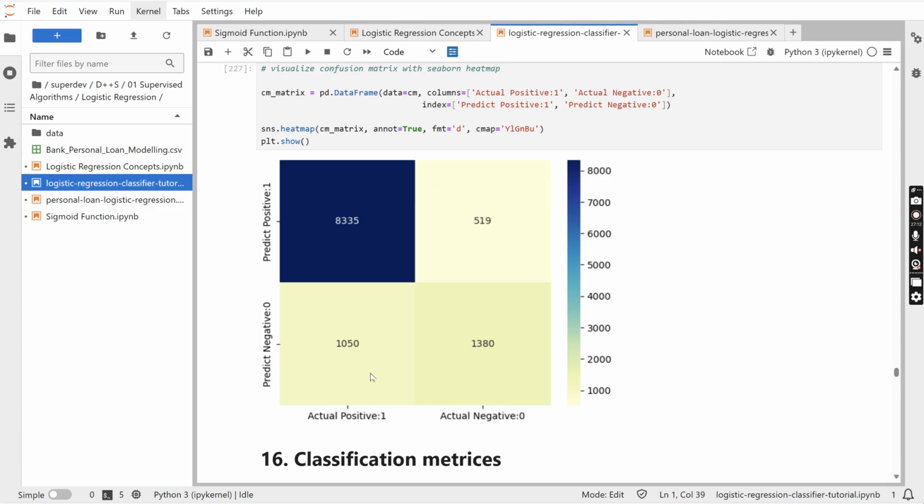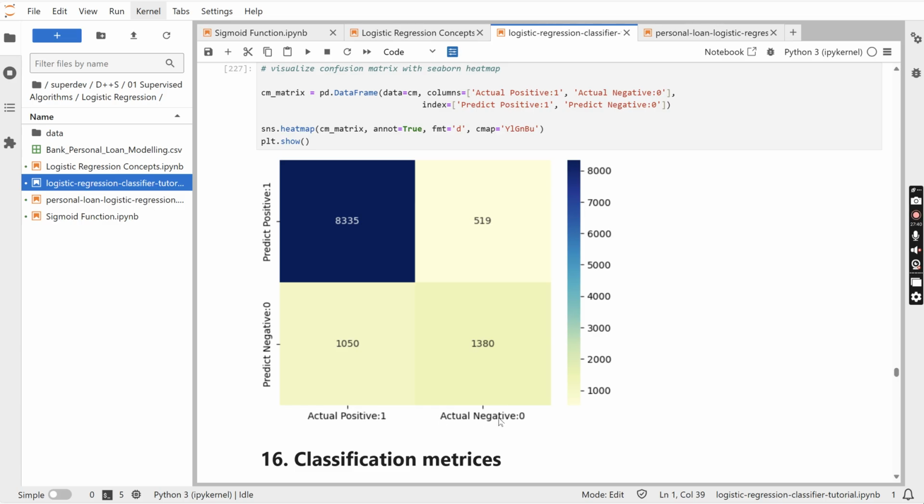Now when you calculate this, always remember, true positive is the first box, true negative is the second box along the diagonal. Always this is true positive and this is true negative. Now false positive and false negative may flip. If you're using y test first, see the index, this is predicted, this is actual.